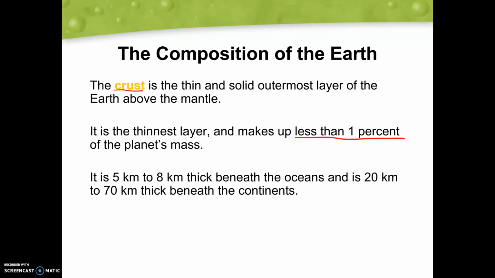It's about 5 kilometers to 8 kilometers thick beneath oceans, and 20 to 70 beneath continents. So under our oceans, we have a thinner crust. Under our continents, you're going to see a lot thicker of a crust. So it's going to vary between those 2 things.